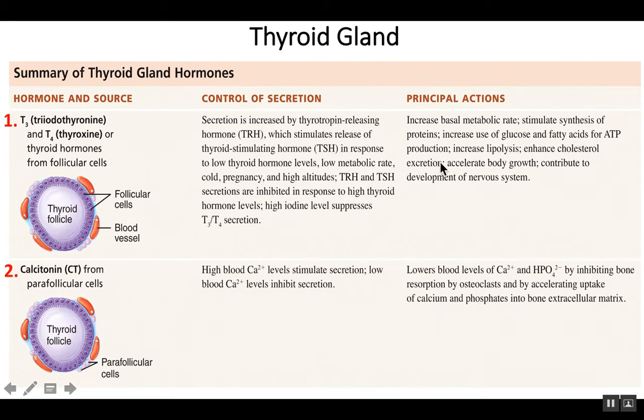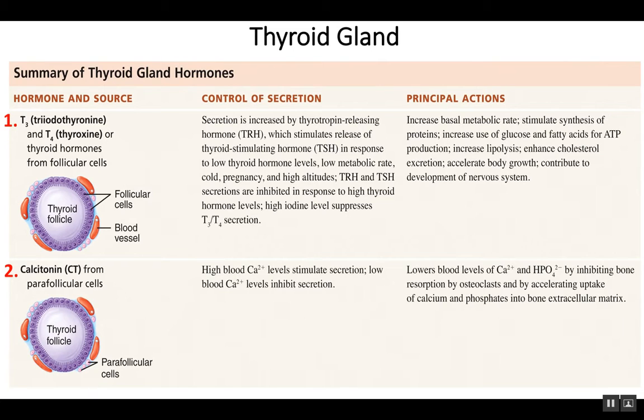They enhance cholesterol excretion, they accelerate body growth, and they contribute to development of the nervous system. So a lot of vital functions, especially early in life, revolve around thyroid hormones. But again, for us, the major function is to increase metabolism.